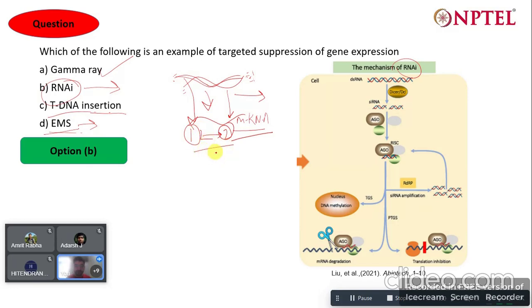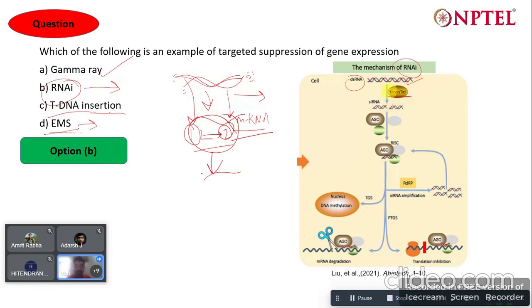After transcription, both of them form complementary interactions and a double-stranded RNA, like it is mentioned here. Following that, they use an enzyme called dicer.